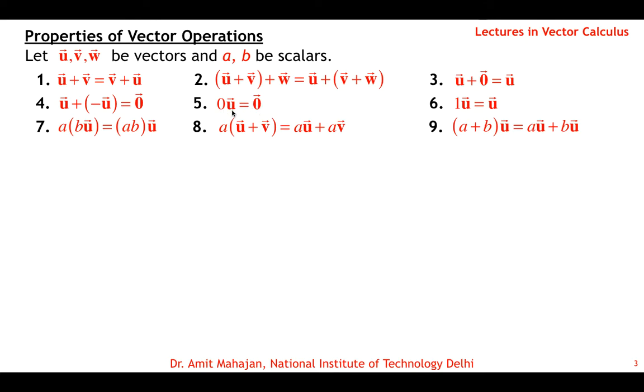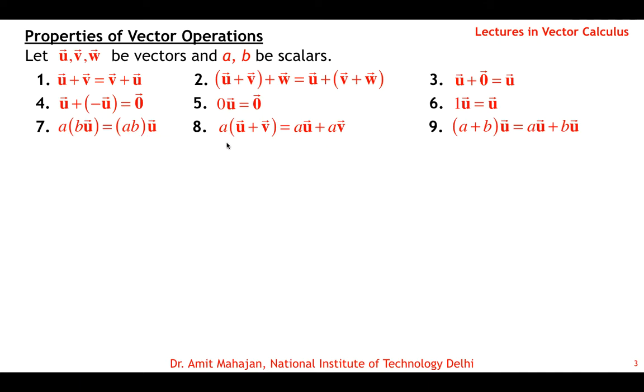So any vector multiplied by the scalar 0 becomes a zero vector. u vector times 1 is u vector itself. A times b times u vector is the same as ab times u vector. That means if I scale the vector u with b and then scale the new vector by another scalar a, it is the same as scaling u by the product ab.